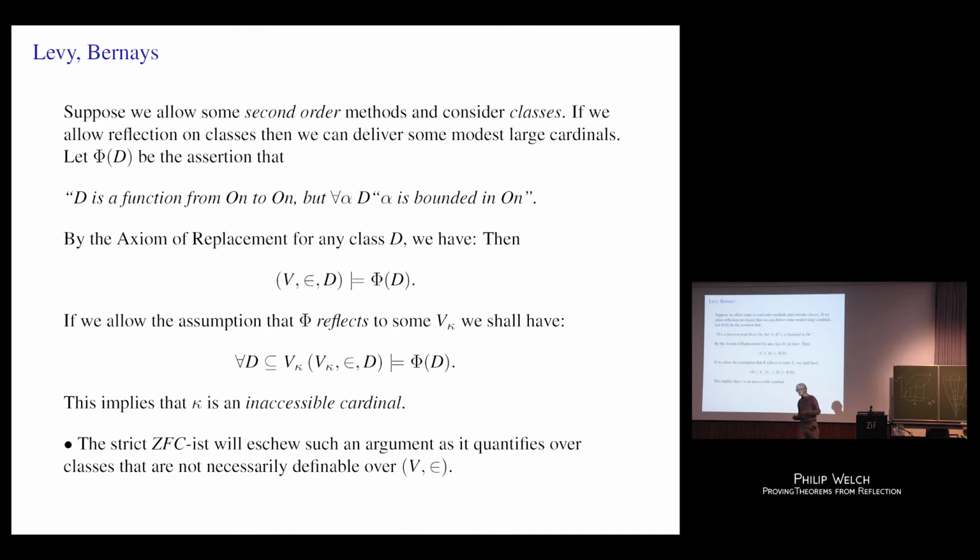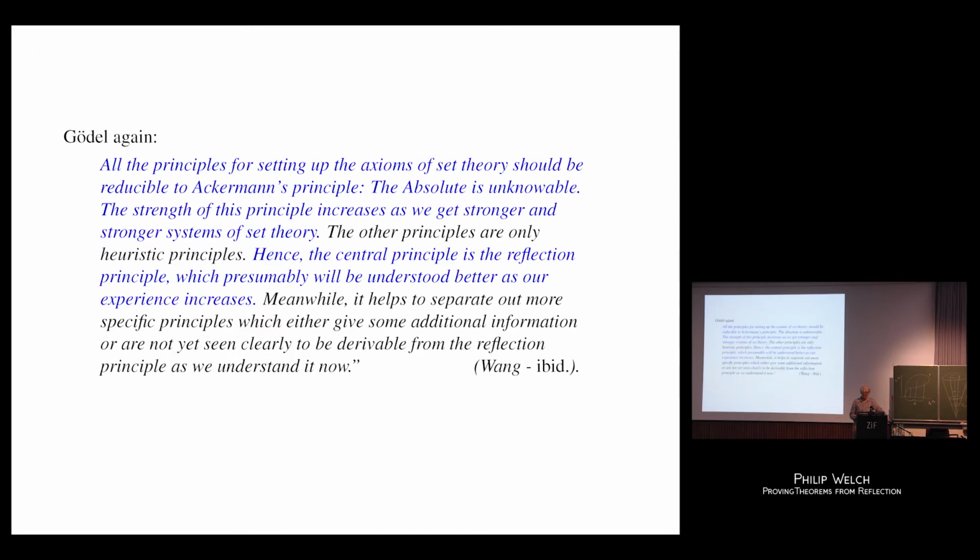This is seen to be an argument for inaccessible cardinals, but again, it is something consistent with V equals L. The strict ZFC set theorist will eschew such an argument because it quantifies over classes, which are not all necessarily definable over V.